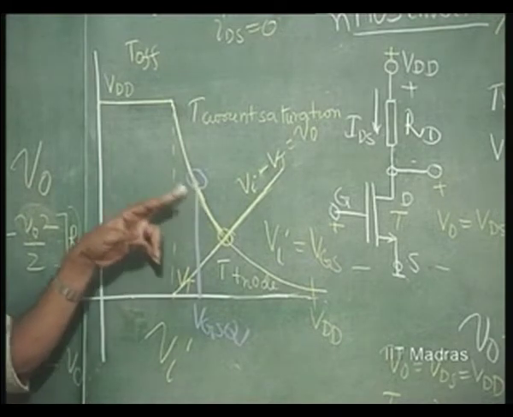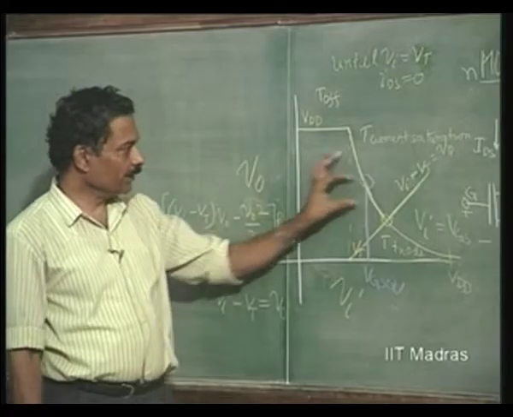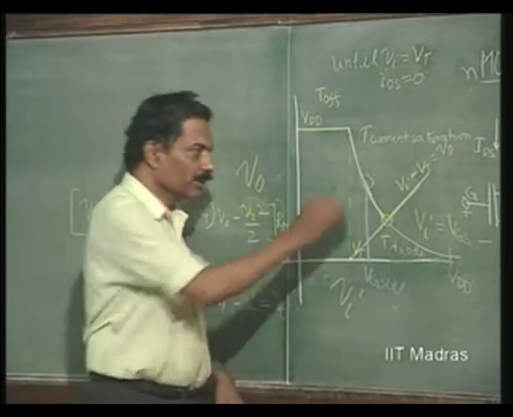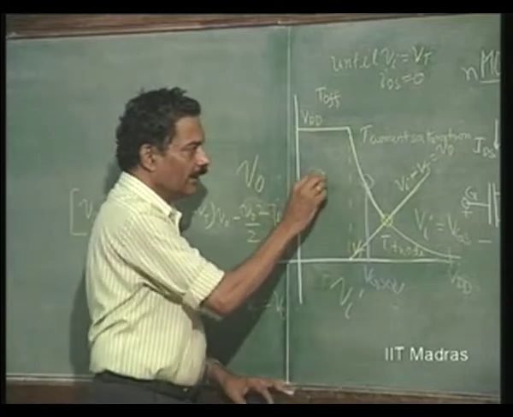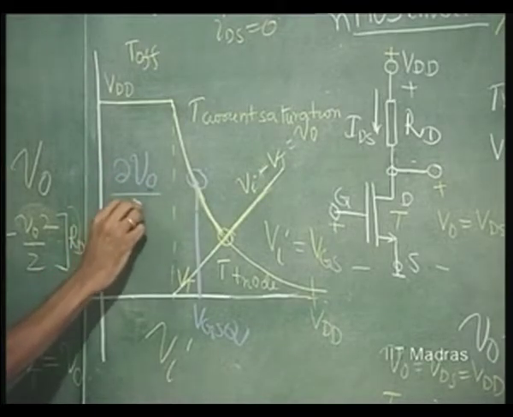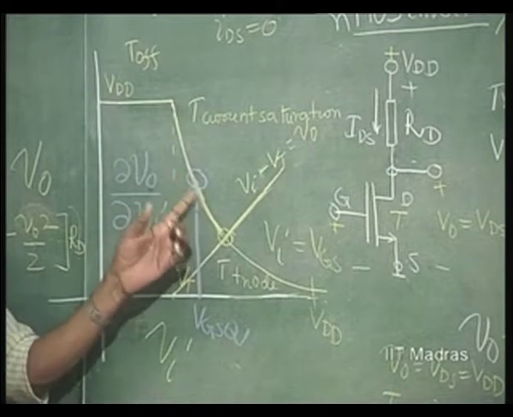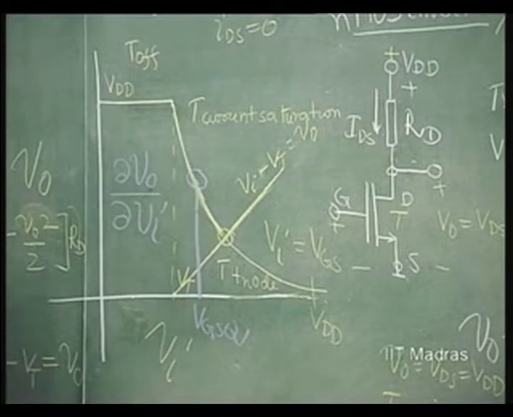If this current varies, IDS varies, then the output voltage is going to vary. Therefore, the slope of this characteristic around this point, which is delta V naught divided by delta Vi, is called the gain of the amplifier.